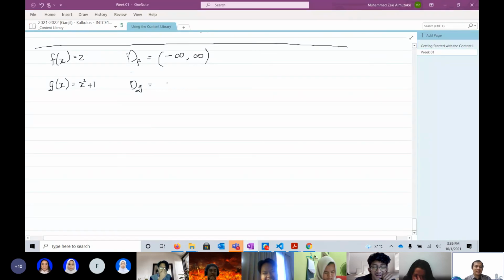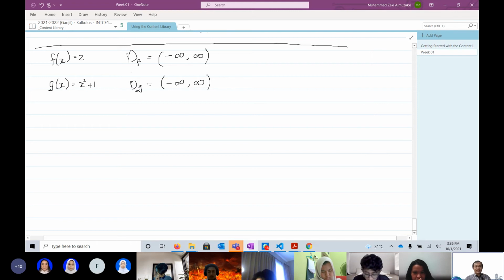And for the second one, what is the domain for the second one? I think it should be this one. Do you agree that the domain of the function g is from minus infinity to positive infinity?